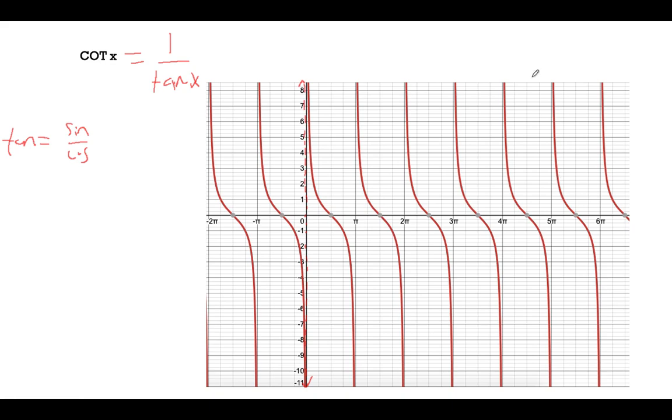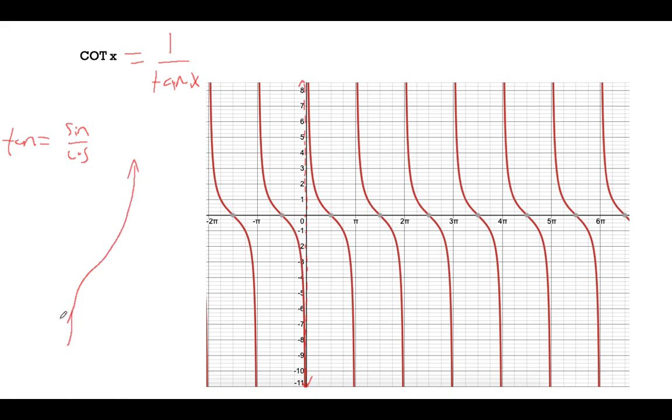And that's not the asymptotes on tangent, it's just when tangent hit the x-axis. But cotangent is the reciprocal, so when tangent was 0, cotangent will have these vertical asymptotes. So again, infinite amount of vertical asymptotes. But then it's the reciprocals. So if you think, well, let's see, tangent kind of looks like this, right?